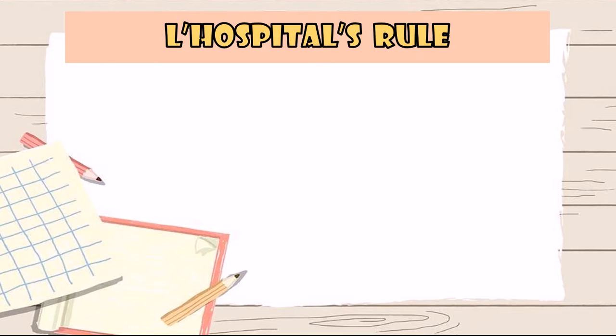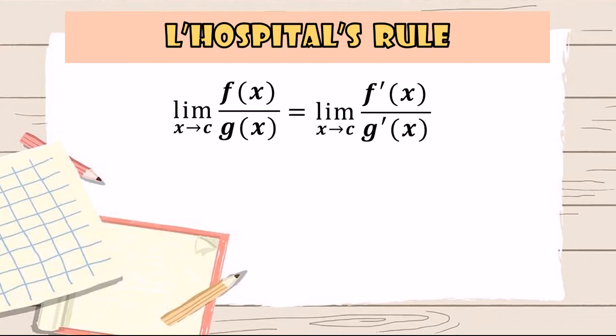In solving an indeterminate form, we're going to use L'Hospital's rule. So the basic idea of L'Hospital's rule is the limit of f of x over g of x as x approaches c is equal to the limit of f prime of x over g prime of x as x approaches c.